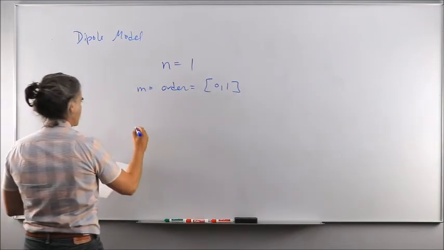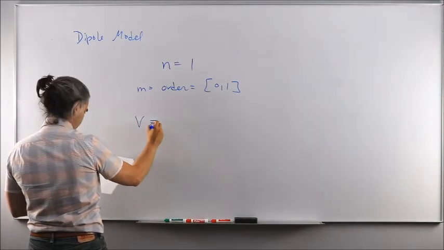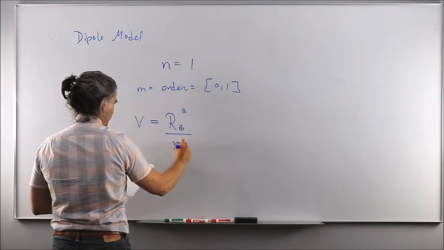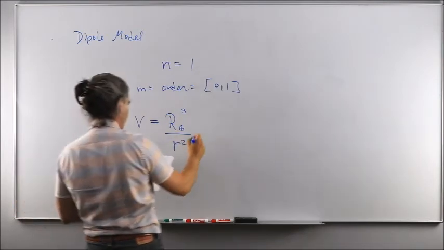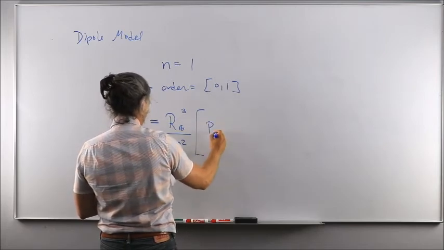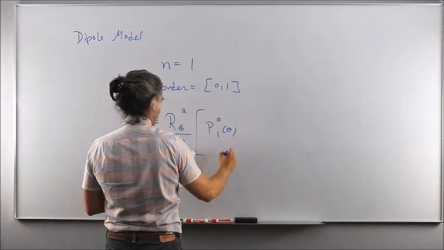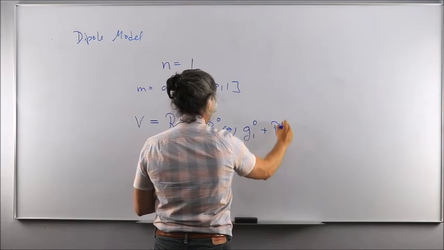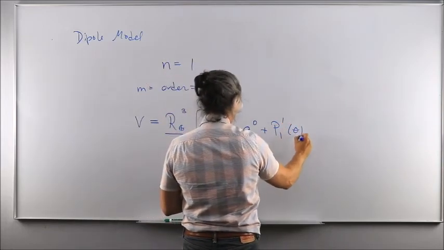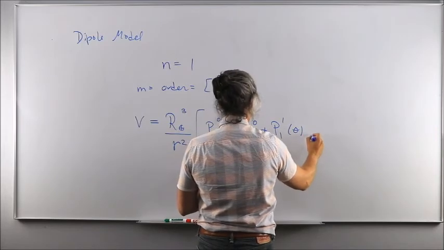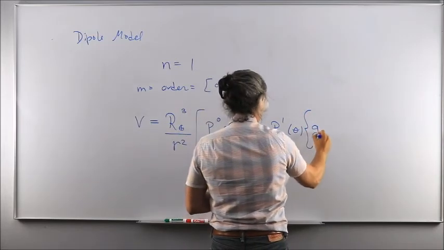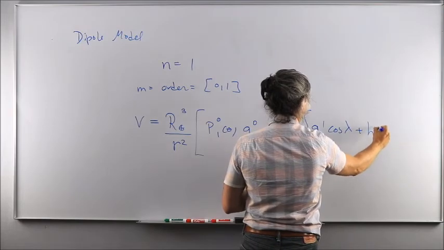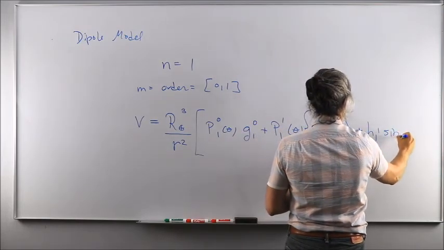Okay? So doing so would simplify our potential magnetic function V to be the cube of the mean equatorial radius of the Earth over the distance squared between M1 and the spacecraft times P01, function of co-latitude angle, G10, plus P11 of co-latitude, and multiplies G11 cos longitude plus H11 sine longitude.